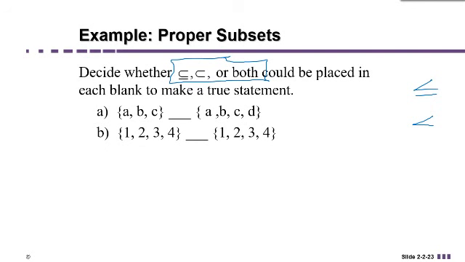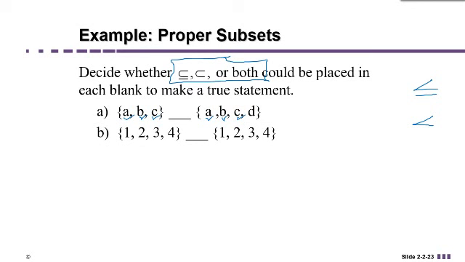In part A, we have {A, B, C} and we have {A, B, C, D}. To determine if you have a subset, you check to see if A, B, and C are all in the other set. And here we have all of them, A, B, and C. So it's definitely a subset.